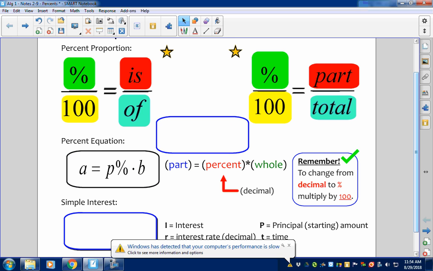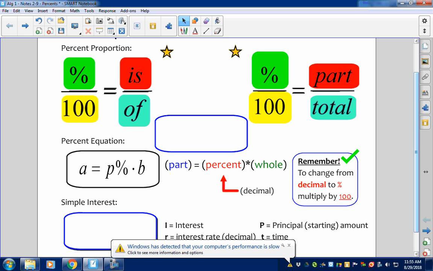It works like this: the part, or the A amount, is equal to P% times B. If you want to know the amount of the tax, you do 8% times whatever the item costs. Or for tip, it's 15% times whatever your bill was.